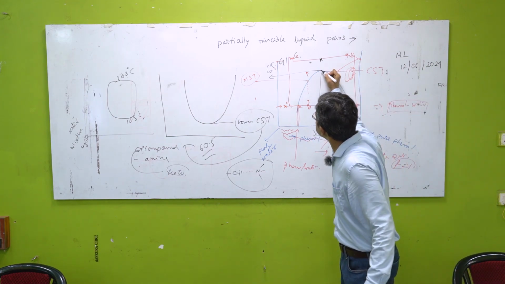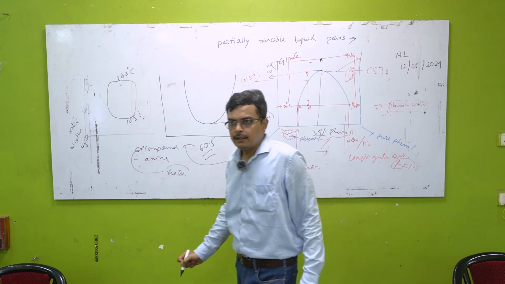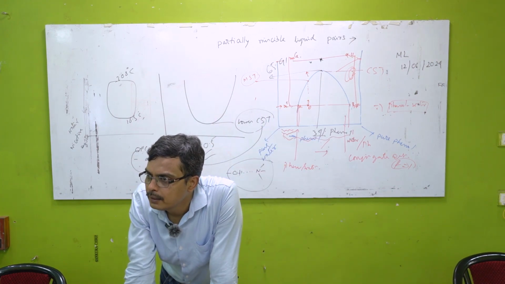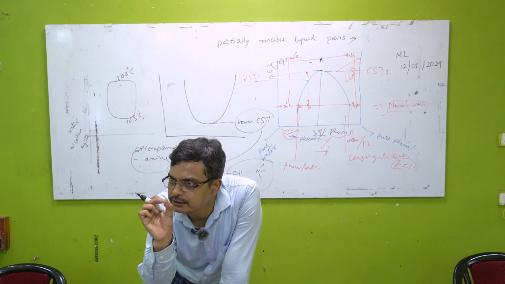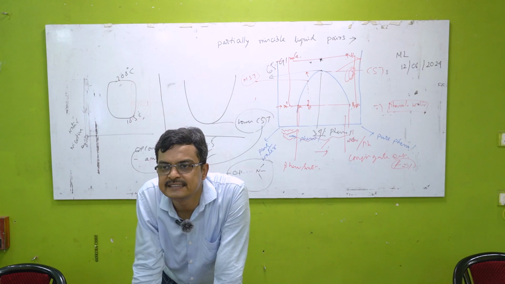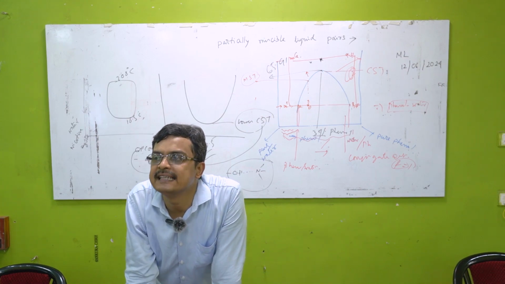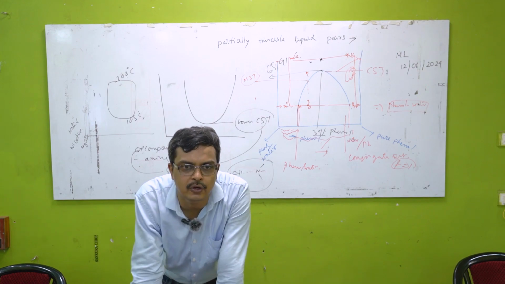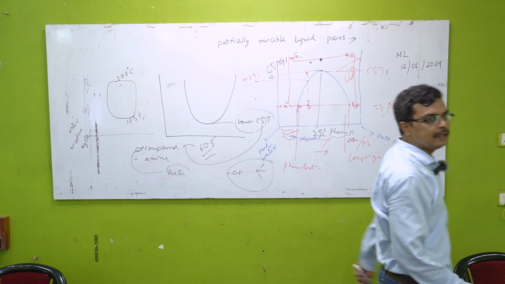When the system reaches this point, two-layer solutions start forming, and the particles of those two-layer solutions scatter light, and we see blue opalescence. This is called critical opalescence.